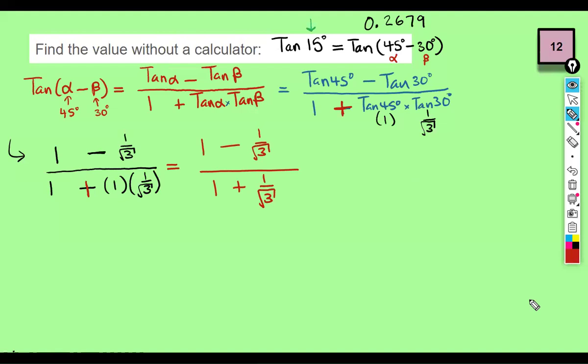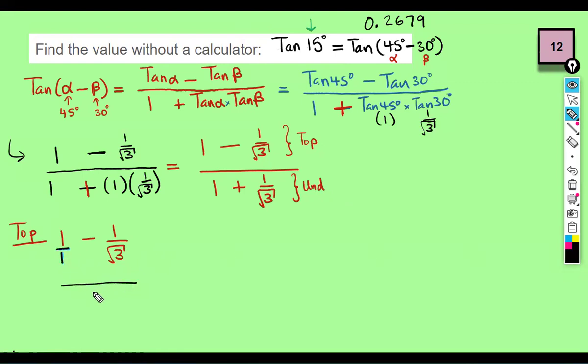To be honest, I think we could simplify this a little bit. Let's take a chance now. This here is the top part, and this here is the underneath part. Let's simplify the top. I have 1 minus 1 divided by the square root of 3. Isn't 1 the same thing as 1 divided by 1?